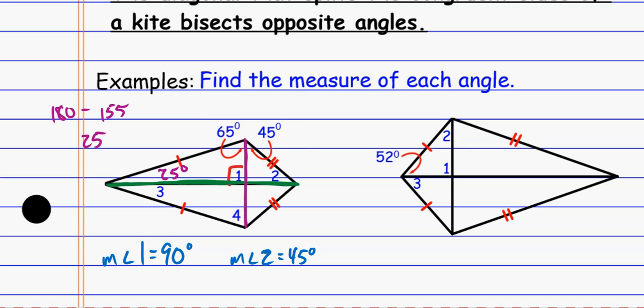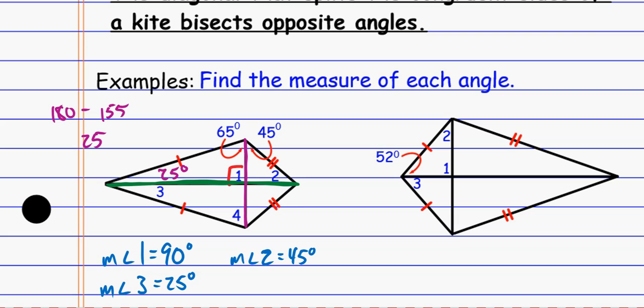And so when I look at that, that means that these 2 angles over here, angle 2 and that other angle, are both the same. It also means that these 2 angles over here are also the same. Okay? So the measure of angle 3 is also 25 degrees. And now from here, I have another triangle.